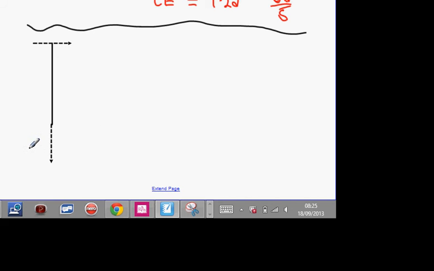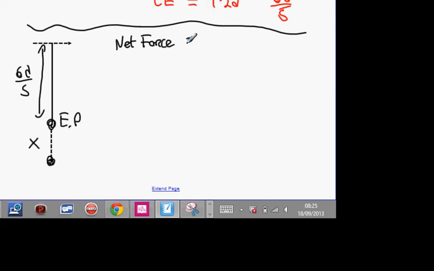So it's been extended x, and its equilibrium point was here, which is 6d over 5 away from P. Time to set up our system. Now, net force, because it's been extended below its equilibrium point, equals force down minus force up.